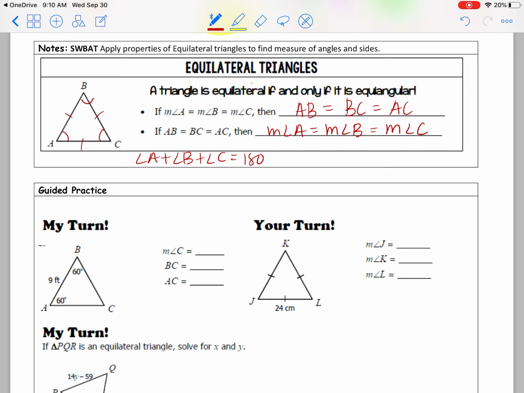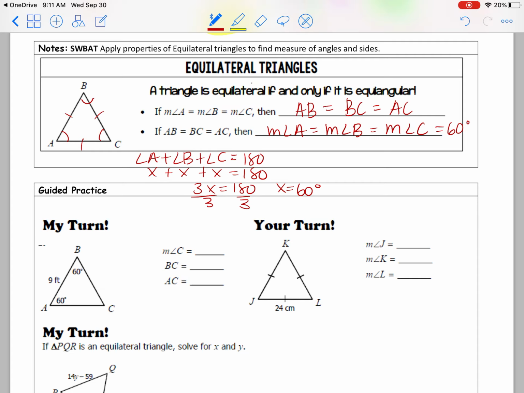For this particular type of triangle, all three angles are equal, right? So x plus x plus x equals 180. We have 3x equals 180. So divide by 3 and x equals 60. So in an equilateral triangle, since all of the angles are equal, each one of those angles will be equal to 60 degrees.